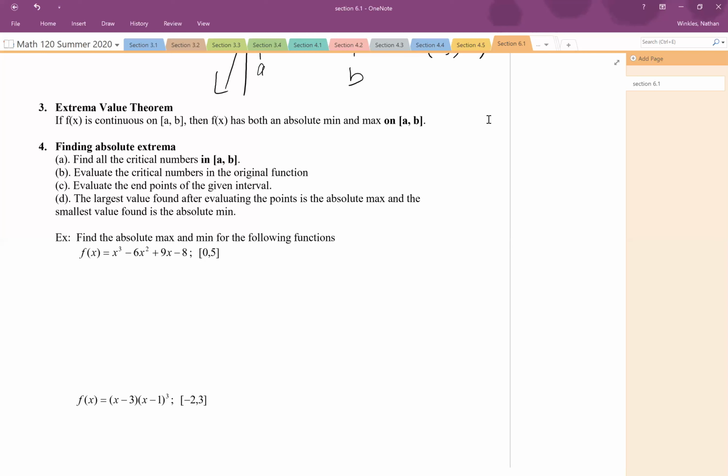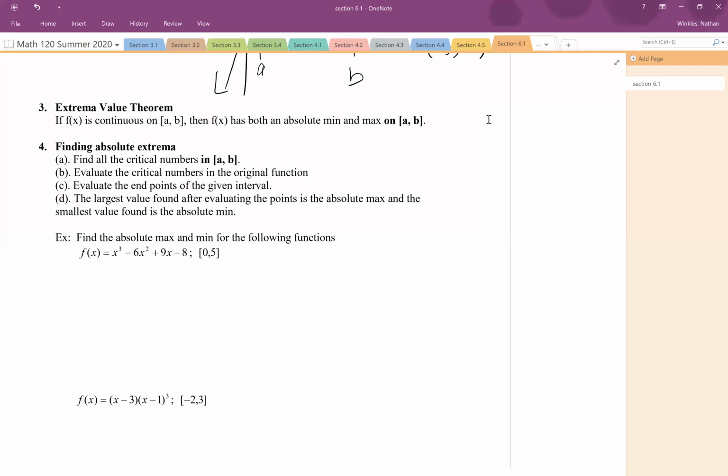So that brings us to how do we actually do this? So to find the absolute extremum, first step, just like when we did relative max and relative min, we're going to find all the critical numbers inside the closed interval AB. Next, we're going to evaluate each one of the critical numbers that we found that are in AB into the original function.